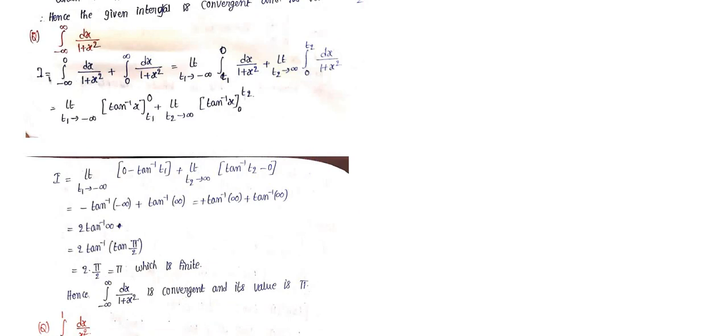Test the convergence of integration minus infinity to infinity dx by 1 plus x square. Here also I am writing integration minus infinity to infinity as minus infinity to 0 plus integration 0 to infinity.